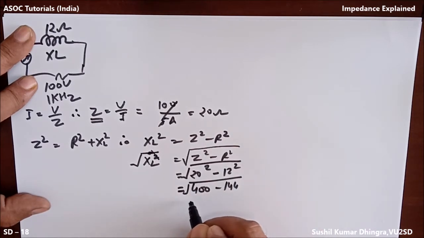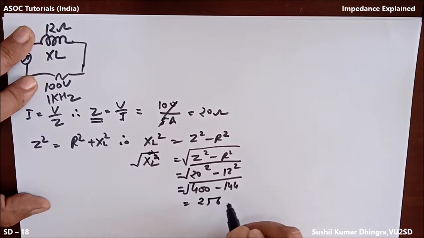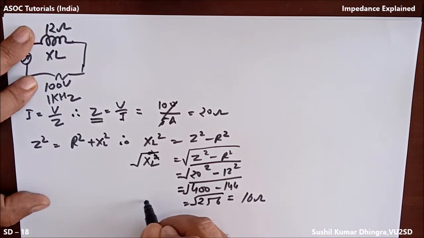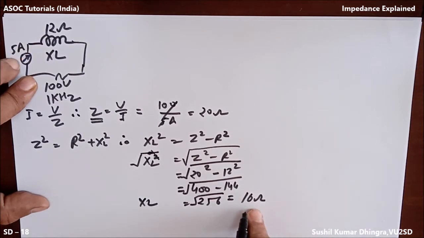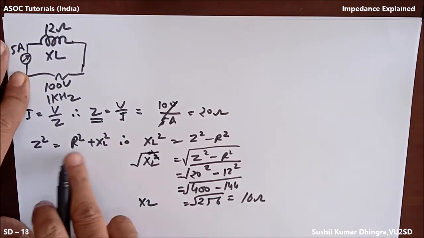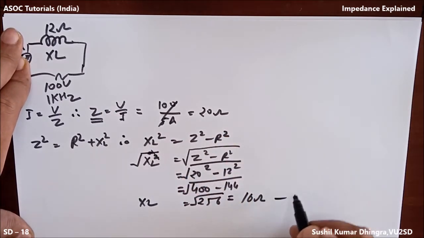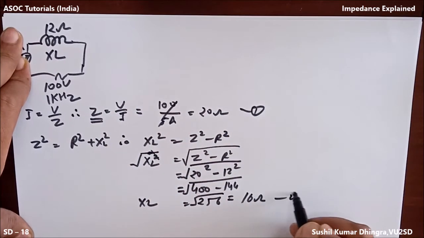This will be equal to 256 whole root. This will be equal to, I hope you can calculate it, 16. So this XL value is 16 ohm using this formula. Note it down. This is 1, this is 2.